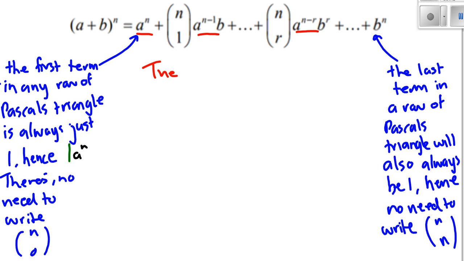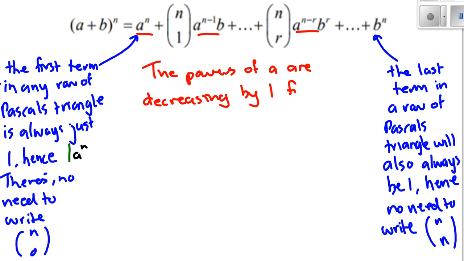So we don't know where it's going up to, but assuming that it's going up to n r, because the general form of that thing is n r. So you could write something like the powers of a are decreasing by 1 from left to right.